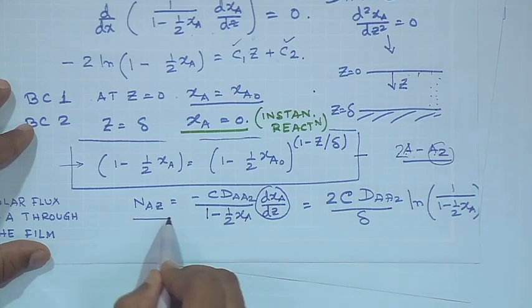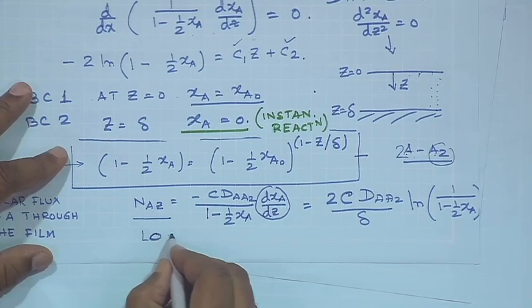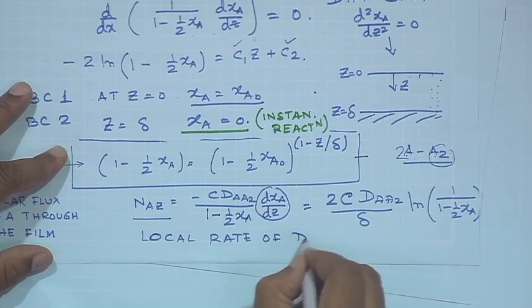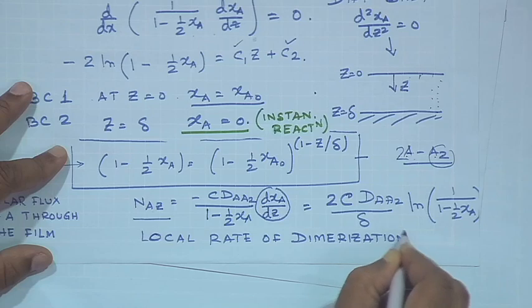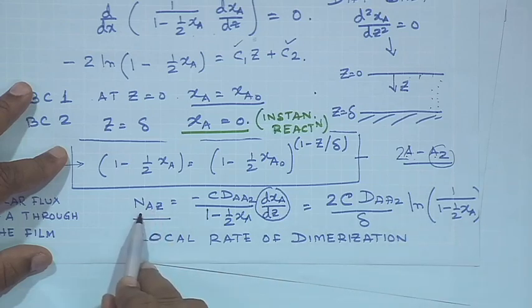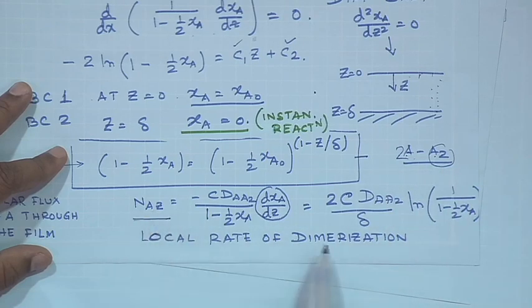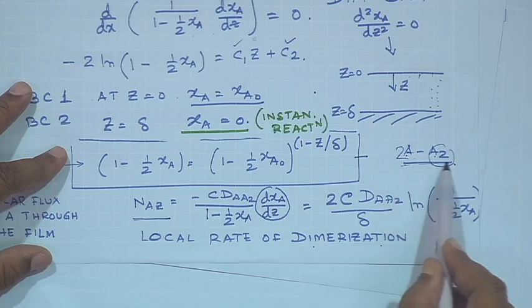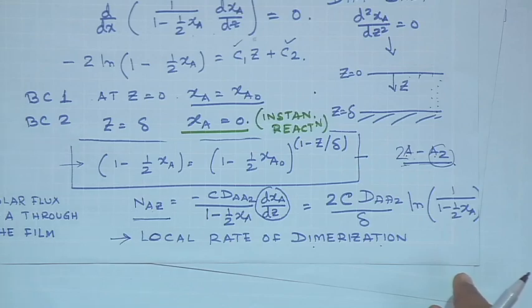So, NAz can also be written as the local rate of dimerization. So, the molar flux of A is essentially the rate at which A is going to form the product, which is a dimerization reaction. So, this is going to be the local rate of dimerization of A into the product.